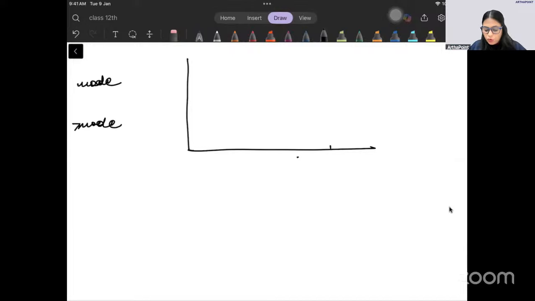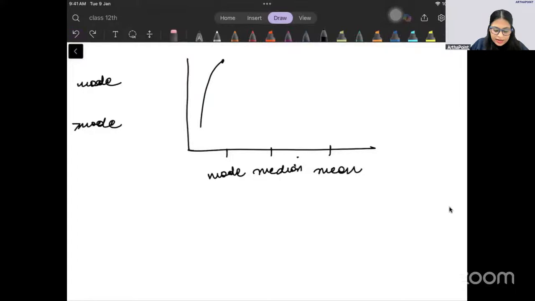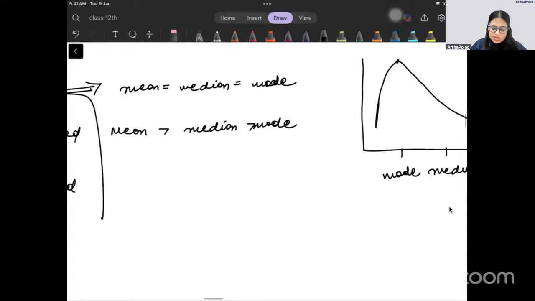Mean more than median means mean is here, then median is here, then mode is here. And what was mode? Mode was where we had the highest frequency. So the highest frequency would be here, and then frequencies would be lower. So this is how the data would look.